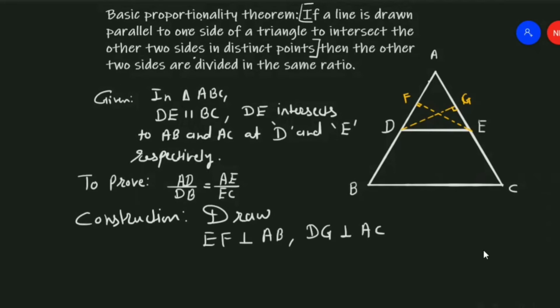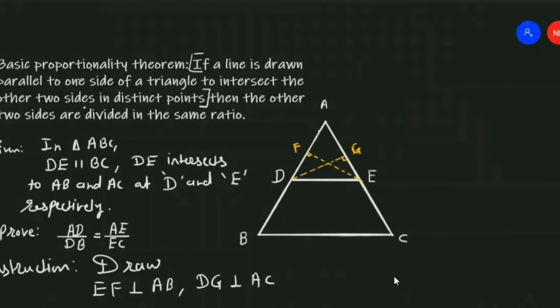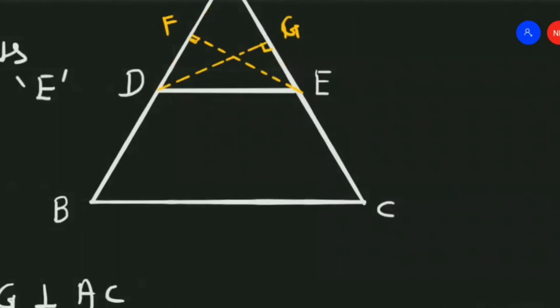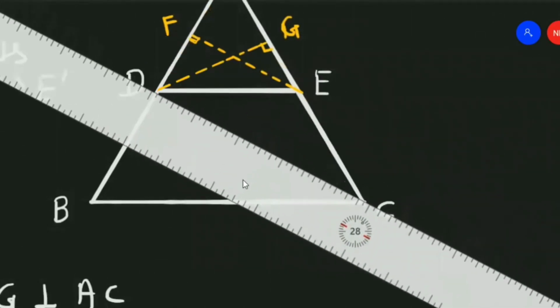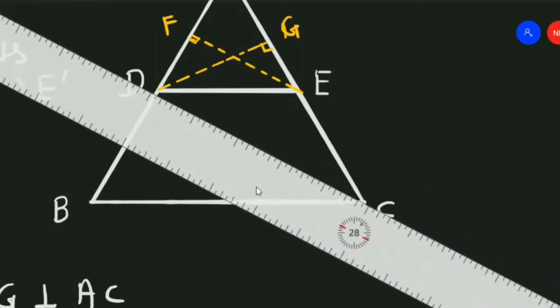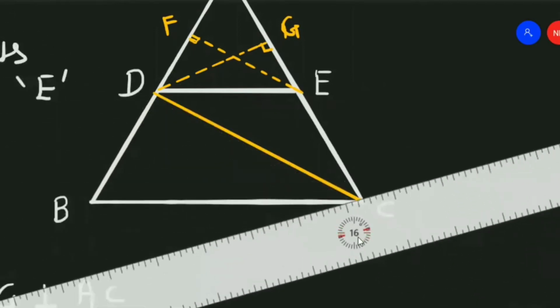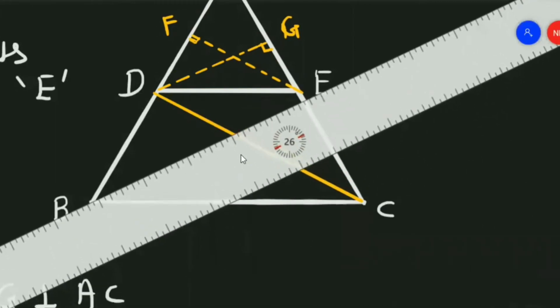These two lines we have constructed. Also, one more construction is required here: to join DC and BE. So let's join DC. This is also part of the construction, to join DC and BE. The second one is BE, so I'm going to join that here.